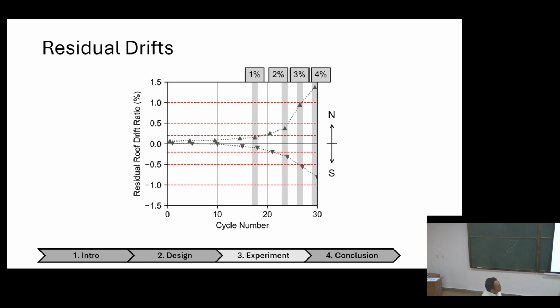But our design objective was after MCER, after 3% roof drift ratio, our residual drift should be less than 1%, and we met that. So on both directions, our residual drift is just a shade below 1, and this is way below 1. So one of the design objectives was met, but we wanted to check it at 4% as well, which did not meet in one direction.